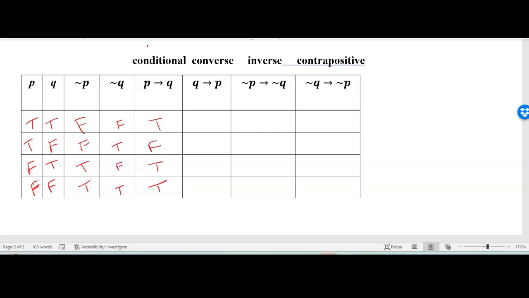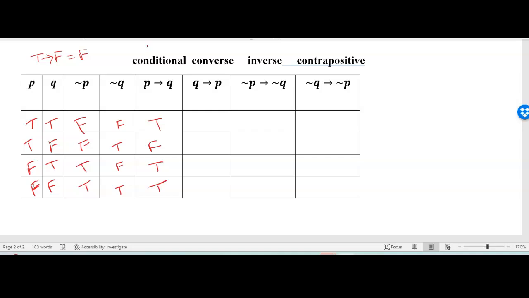But now we got to go the other way. That means we're kind of looking at it in reverse. If Q, so we're going to do the same thing. The only time this right here is going to be false is if Q is true and P is false. Remember, the only time it's false is when the first is true and the second is false.